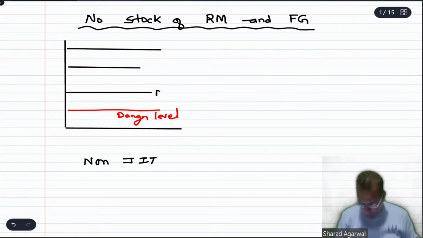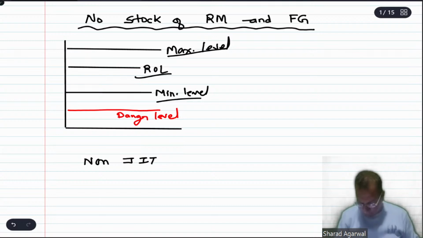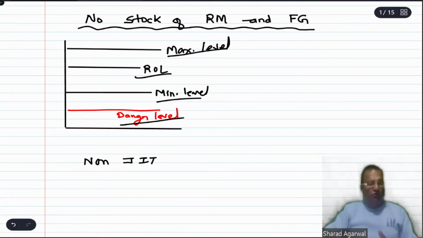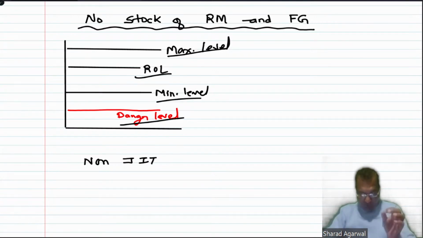This we can call minimum level, reorder level, maximum level. Okay, so this is the non-JIT system where we are maintaining stock level for each and every item of stock in the form of danger level, minimum level, reorder level, maximum level.